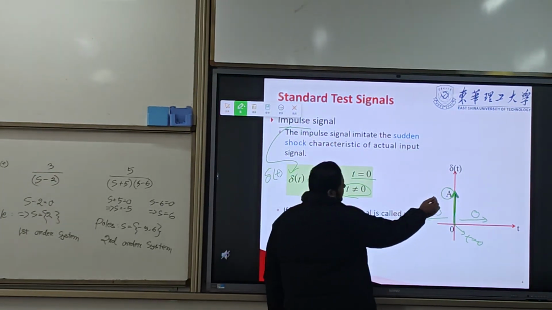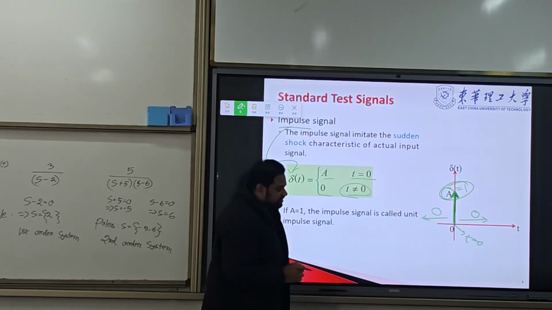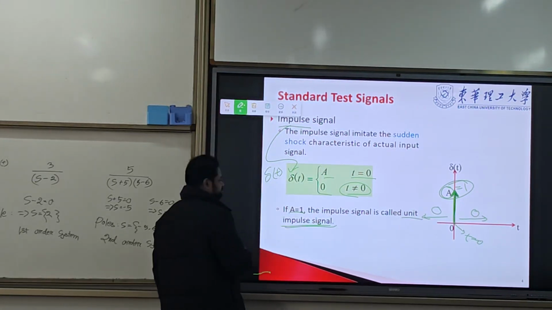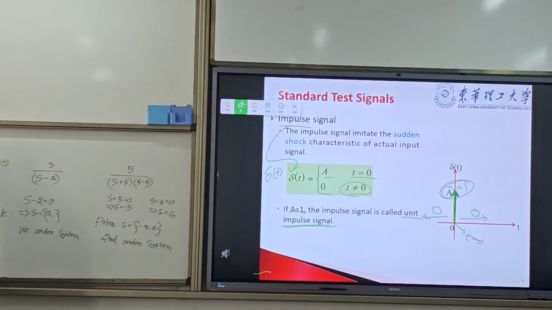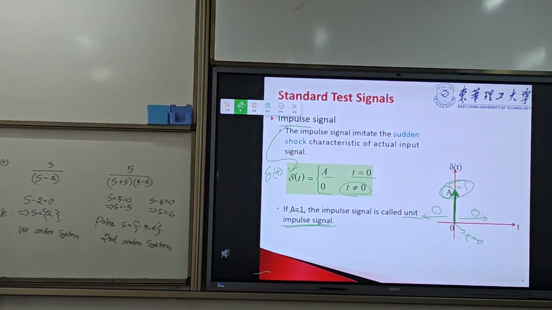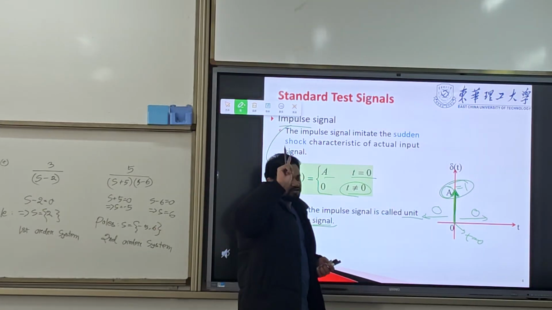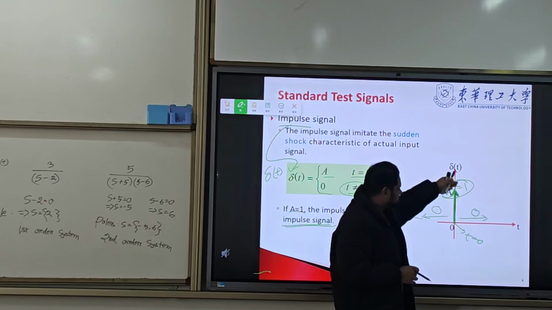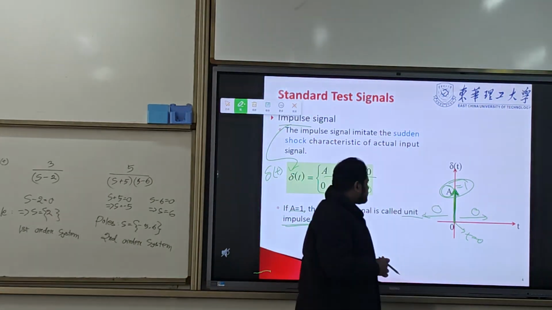Now, if this value A is equal to 1, that is called unit impulse signal. Unity means 1. So there is only one pulse, and the rest are 0. That's why we call it impulse signal.